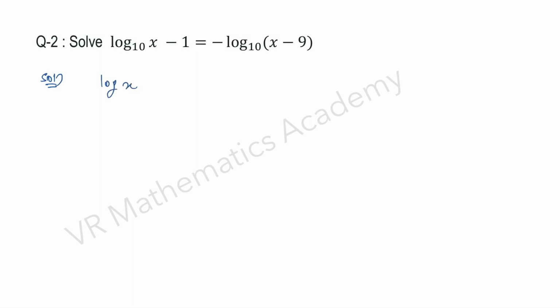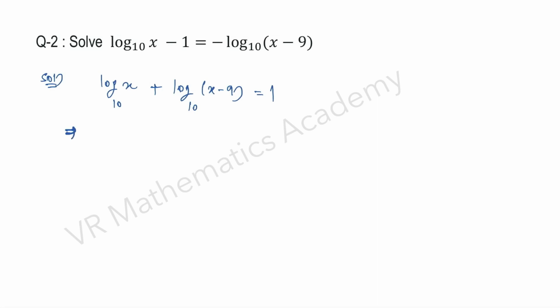The next question, question number 2, solve log of x minus 1 base 10 minus log of x minus 9 base 10. Here in this question this can be written as log of x base 10 plus log of x minus 9 base 10 will be equal to 1.